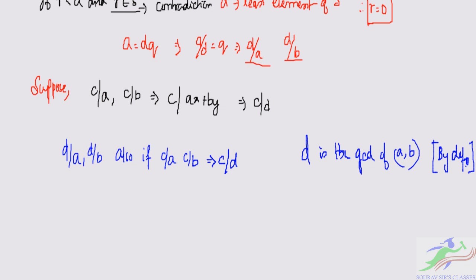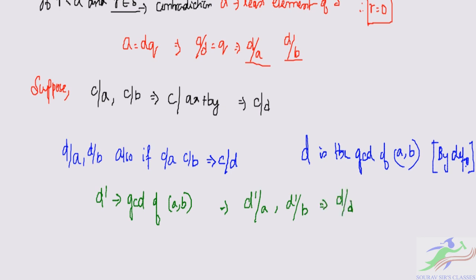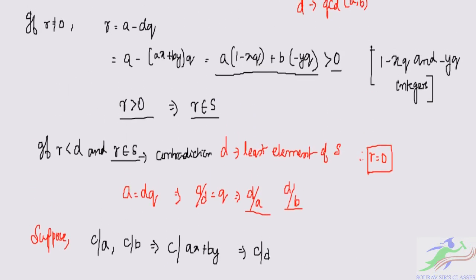So if possible, D is also the GCD of A, B. Then we can write D prime is also the GCD of A comma B. So from here, D prime divides A, D prime divides B, and this will imply D prime divides D. This is the last equation that I gave.